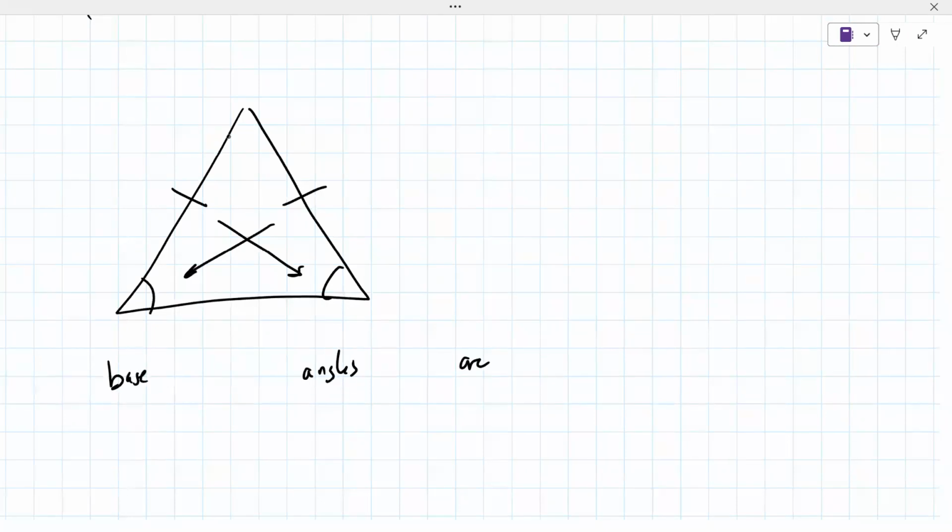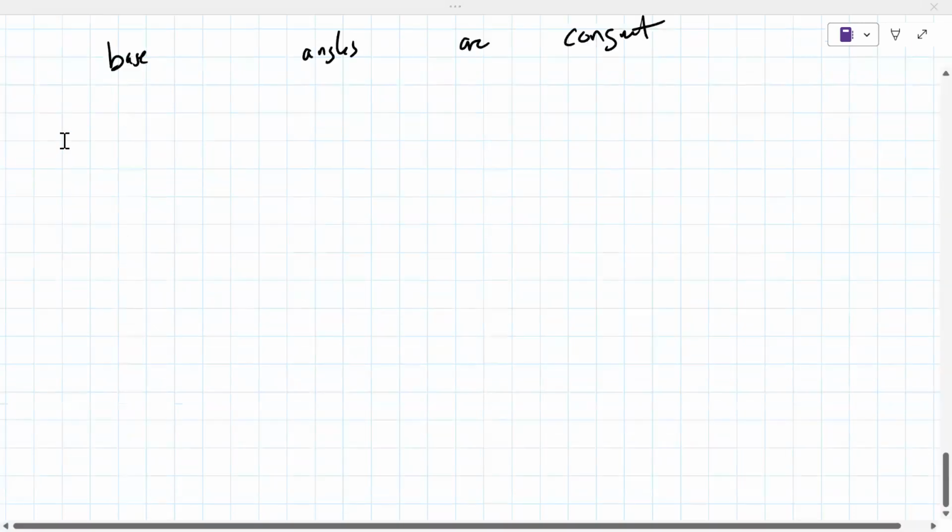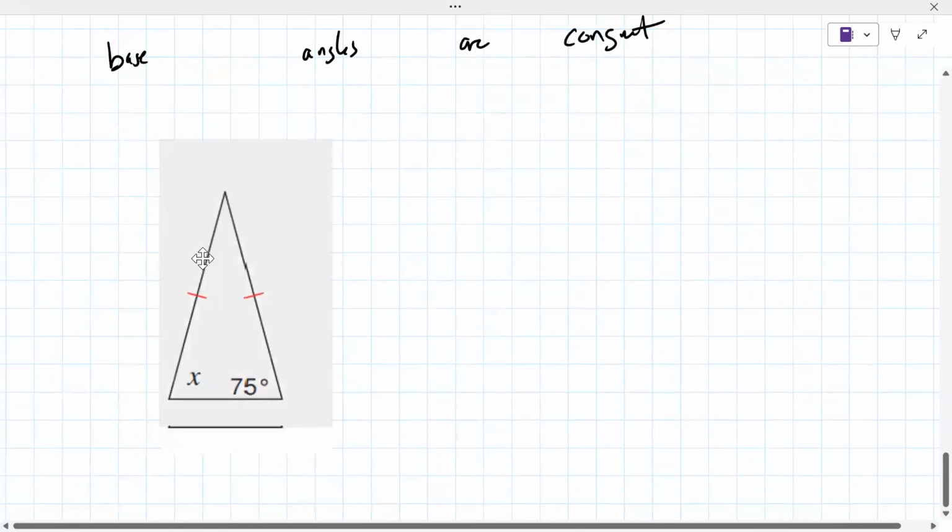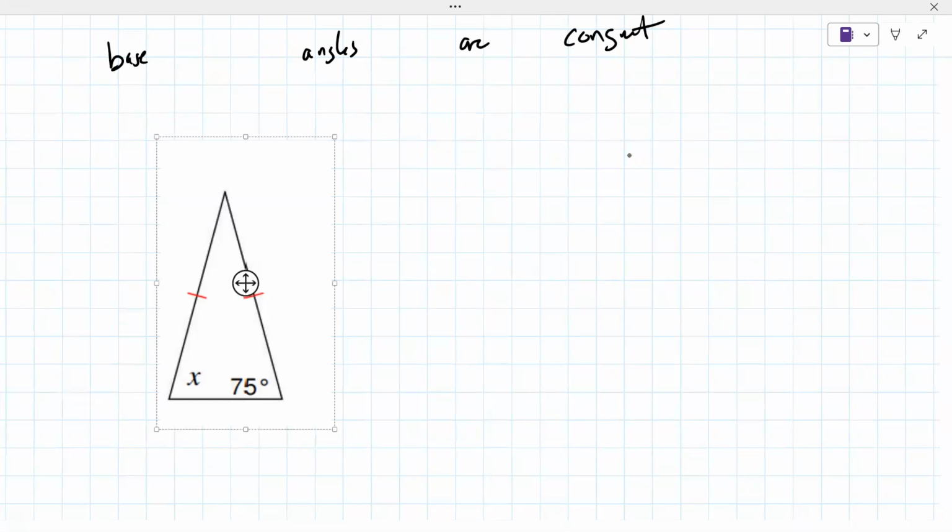The base angles are congruent, and they're across from the congruent sides. It depends on the picture I give you. There's two types of problems you'll see. This is type 1. They give you that these two sides are congruent, which means these angles are both congruent, 75. So here x is 75.